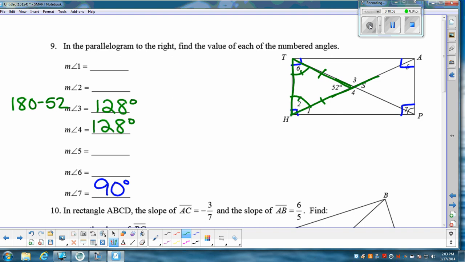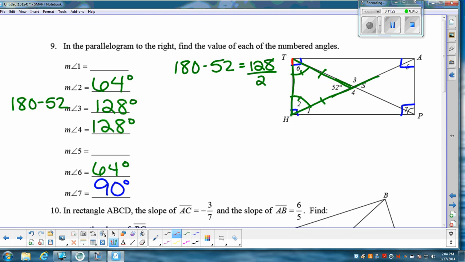And we know the triangle has to add up to 180 degrees. We've already used 52 degrees. So between angle 2 and angle 6, we have 128 degrees to work with. Since they're congruent, divide it by 2, and we get that angle 2 and angle 6 are 64 degrees.